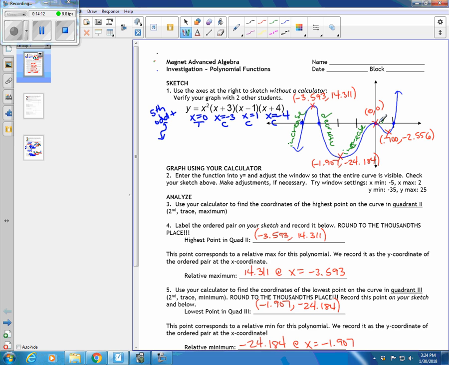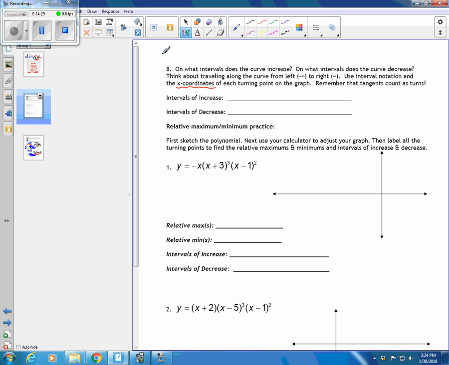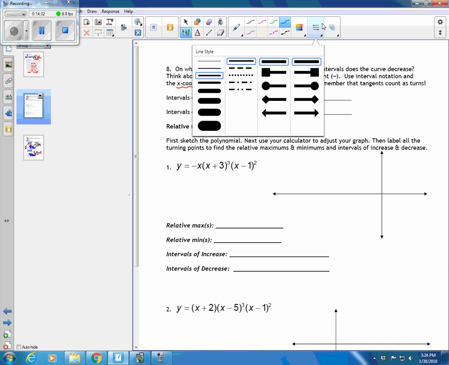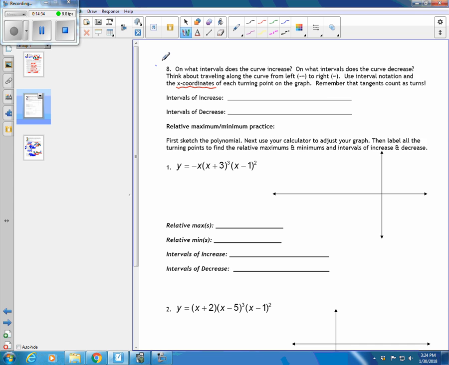Then this is a little decrease, and then you turn again, and we're back to increase. So I've got an increasing interval, decreasing, increasing, decreasing, increasing. They're always going to alternate because they're around turns, and every time you turn, you've changed direction, which means you've changed from increasing to decreasing. All right, so we want to write down the intervals of increase and decrease.